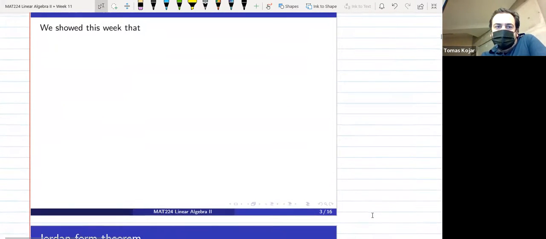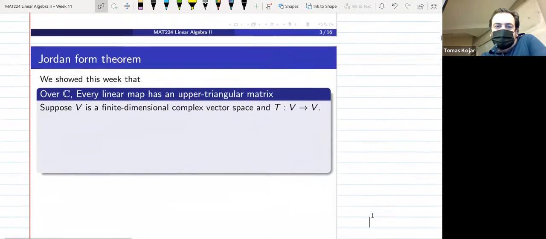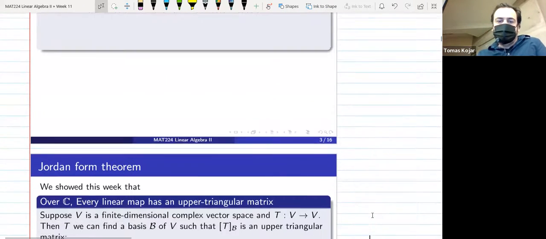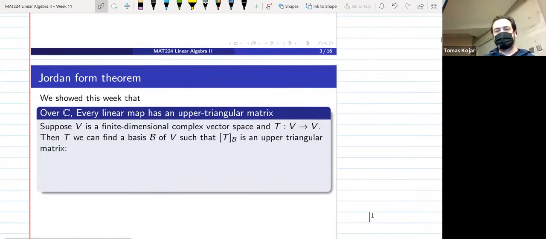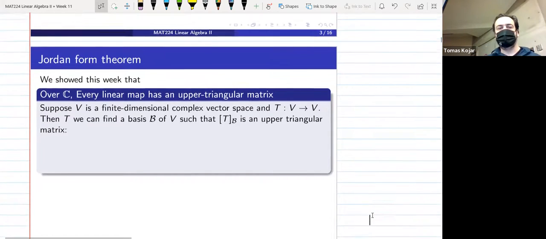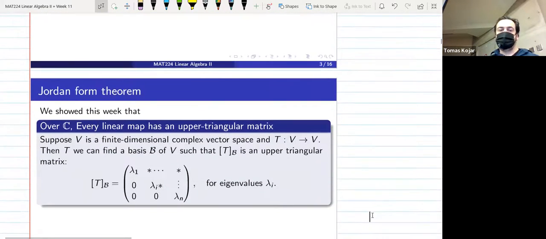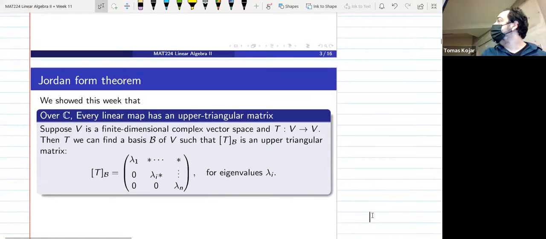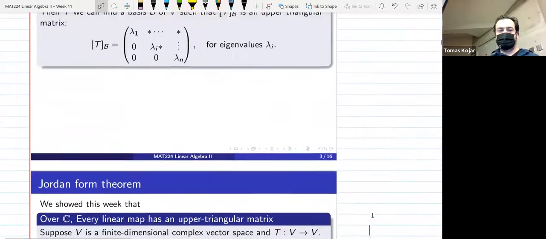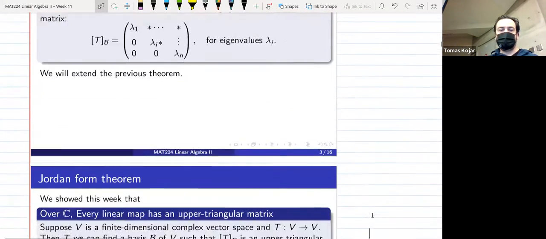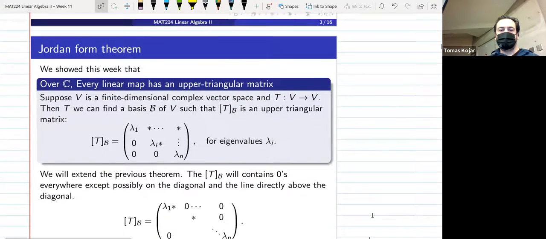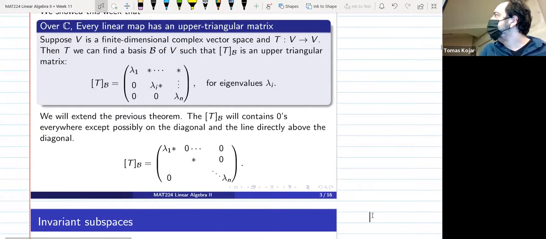Let's see. Over C, we proved the following result, that you can always find an orthonormal basis so that T of that basis can be written with eigenvalues on the diagonal. For the next two weeks, we will extend it to matrices of this form. Mainly, it will be blocks. That's why it's called a Jordan block.